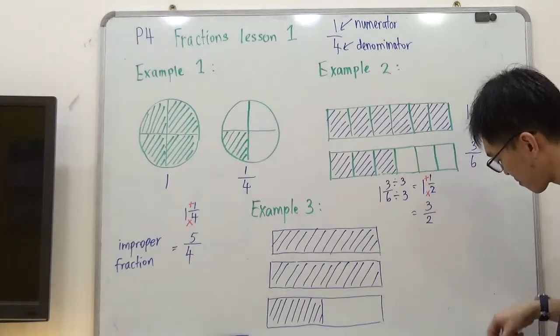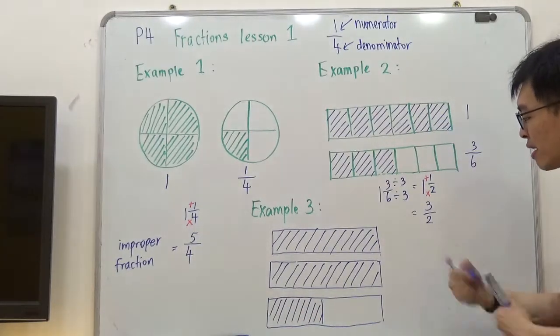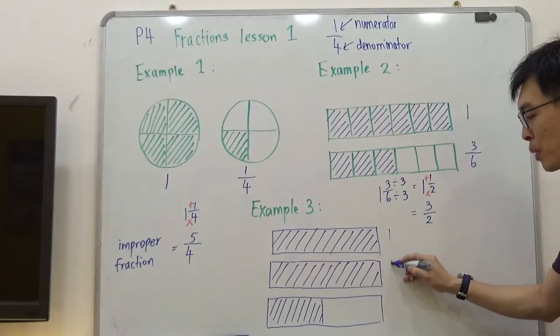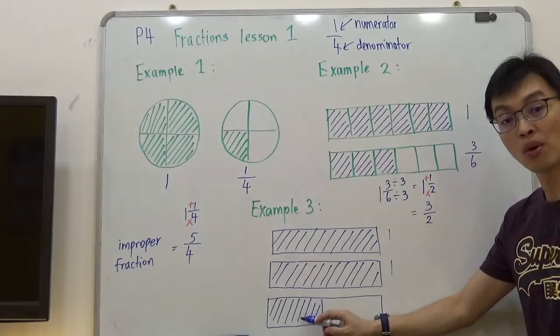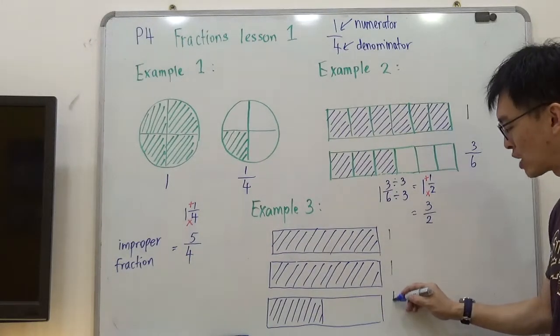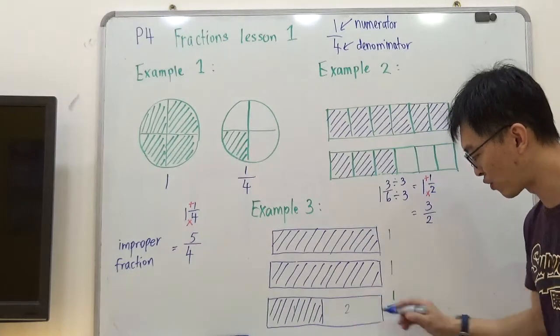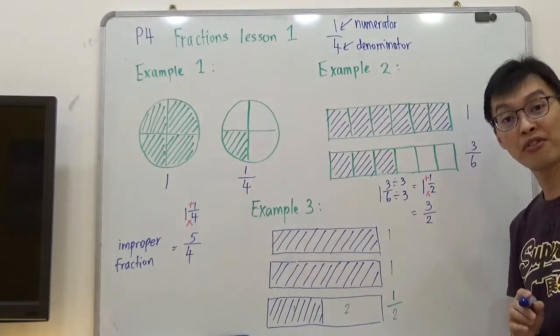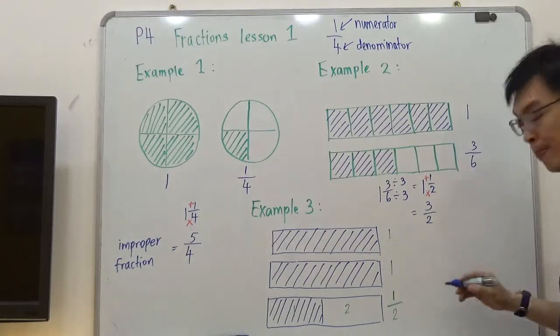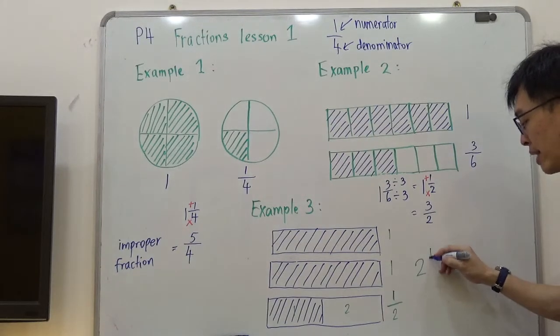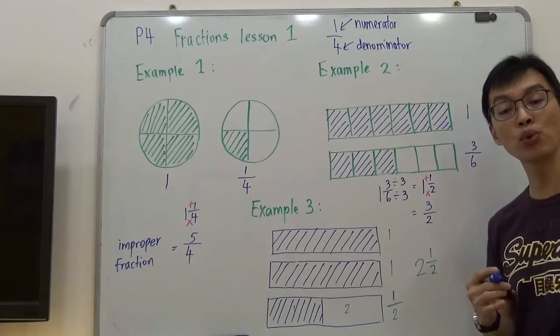This will be one whole, this will be one whole, and this is one shaded out of 2, so half. So the total will be 2 and a half.